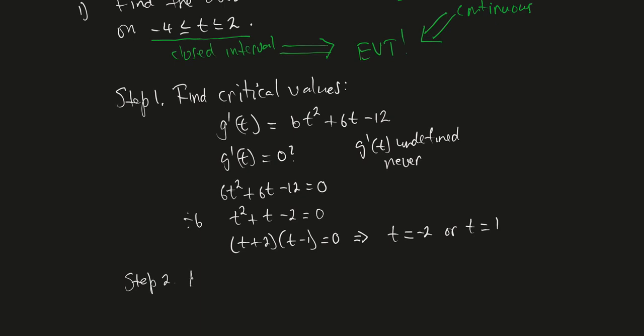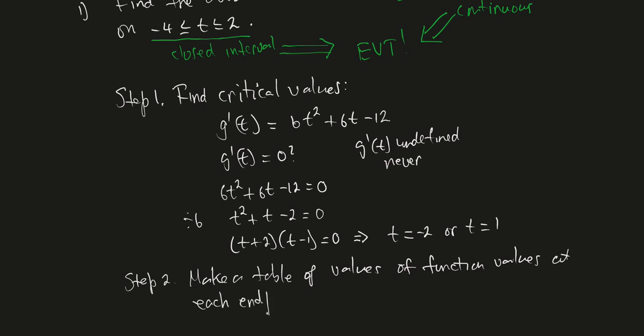So we're going to make a table of function values, of the original function, at each endpoint and each critical value.